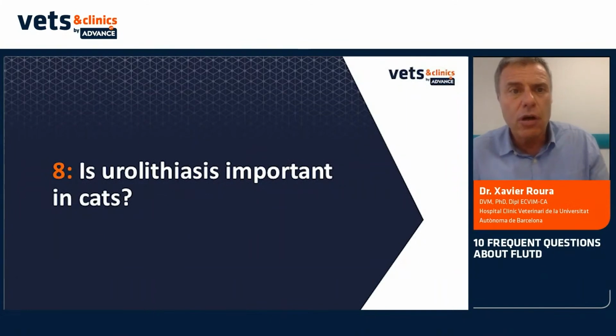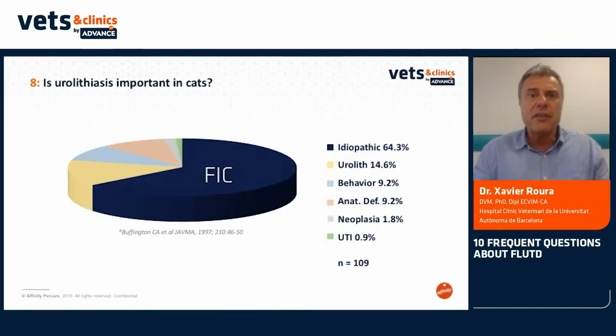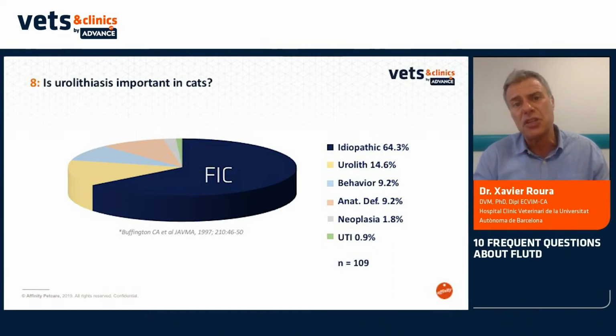Well, the situation of urolithiasis is important, in dogs and in cats. But in cats, it's important because we know that probably close to 70% of the cats with clinical signs of lower urinary tract disease have feline idiopathic cystitis. This is the most frequent.